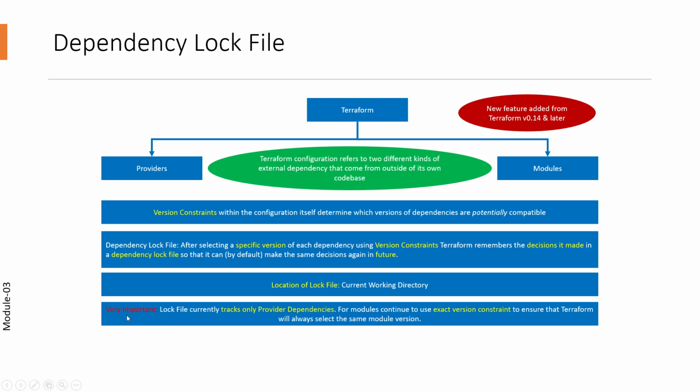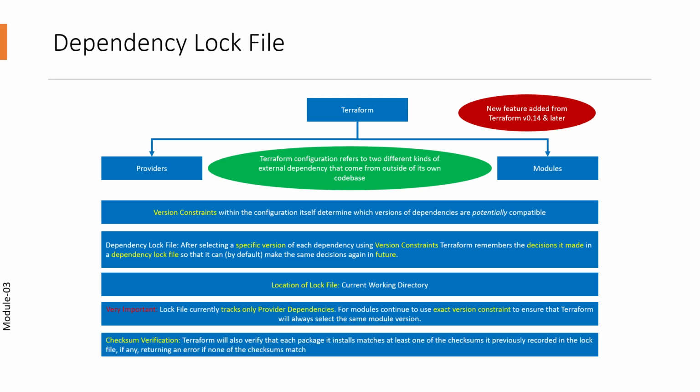The very important thing we need to remember is that the lock file currently tracks only provider dependencies. For modules, continue to use exact version constraints to ensure that Terraform will always select the same module version. What this means in the lock file, when we do hands-on, I will explain once again. For now, we will go with the next, and I'll explain later.